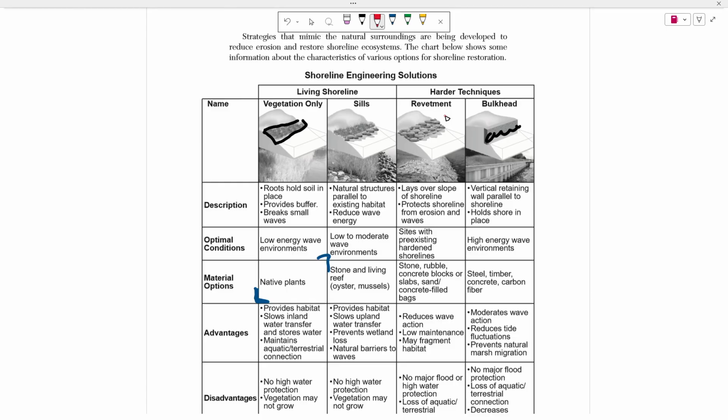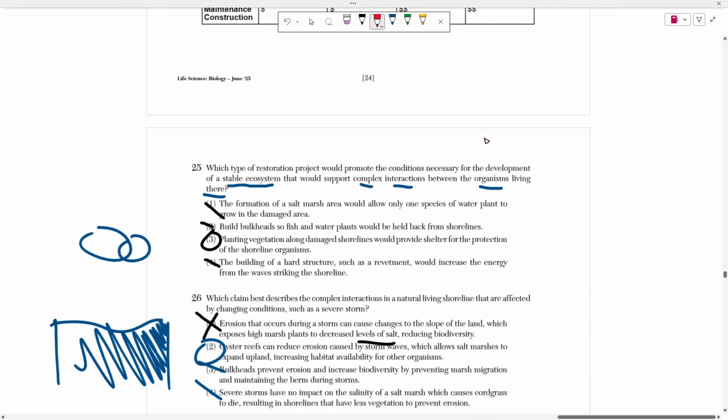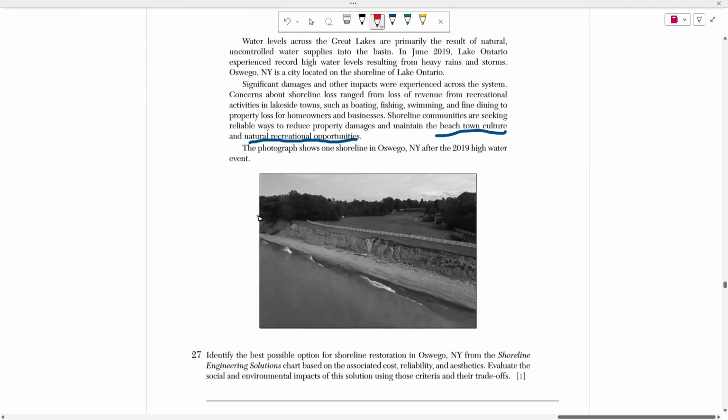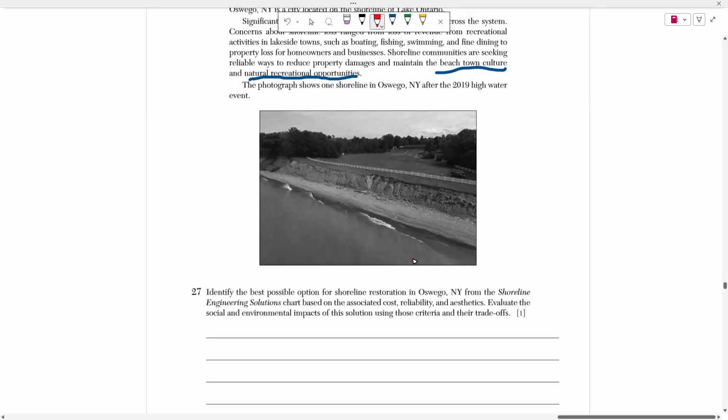Okay? So a correct answer here was that you could say bulkheads should be placed along this damaged shore because they have a higher initial price but a lower maintenance cost and serve as permanent and reliable solutions to environmental concerns of shore loss. So what's that doing? Well, that's a discussion of cost and reliability, right? It's a permanent solution, and even though it has a high cost, it has a low maintenance cost.